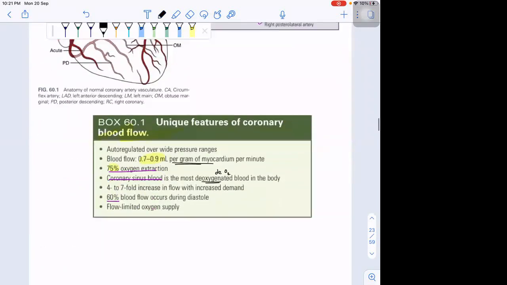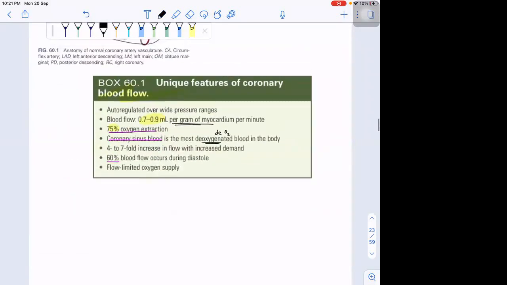Next comes the unique features of coronary blood flow. The coronary blood flow is auto-regulated over wide pressure ranges. The blood flow is 0.7 to 0.9 ml per gram of myocardium per minute.